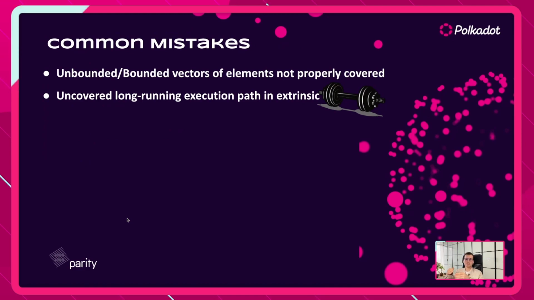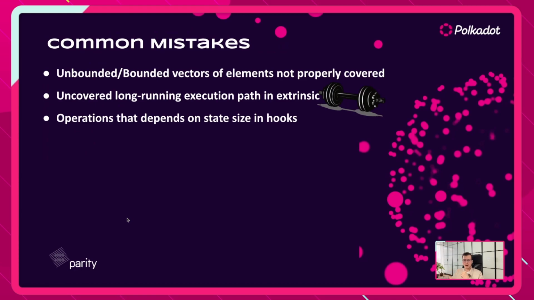For example, we have an extrinsic with weight that is adjusted to the shorter execution path, but the longer execution path is not covered. And based on the wrong weight, that extrinsic can exceed the block weight.